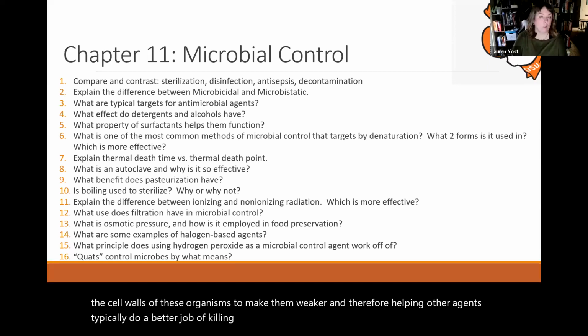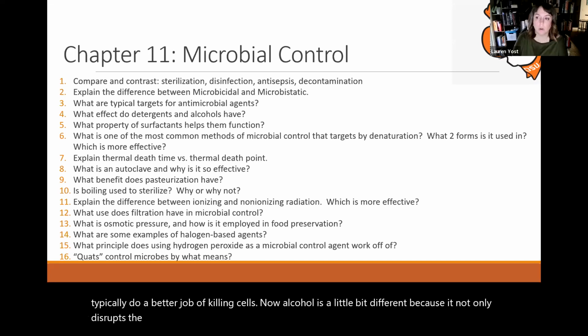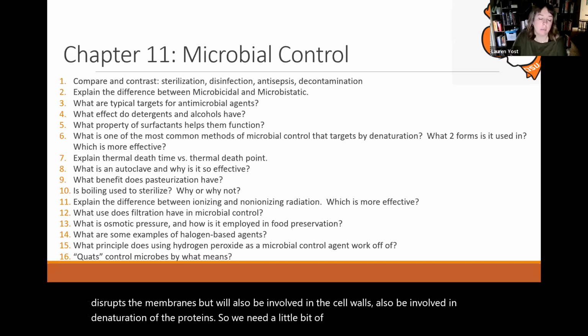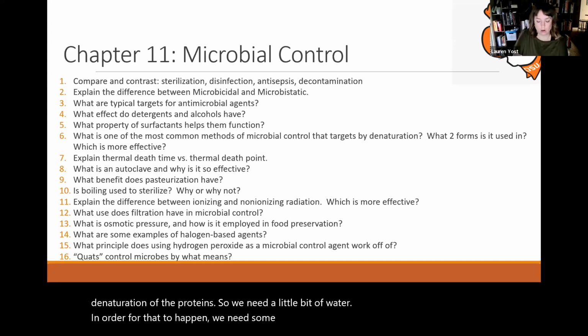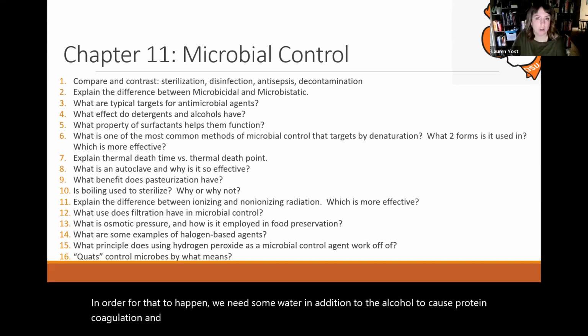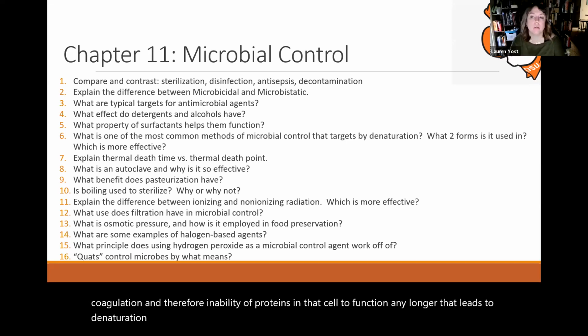Now, alcohol is a little bit different because it not only disrupts the membranes, but will also be involved in denaturation of the proteins. So we need a little bit of water in order for that to happen. We need some water in addition to the alcohol to cause protein coagulation and therefore inability of the proteins in that cell to function any longer. So that leads to denaturation of those proteins.